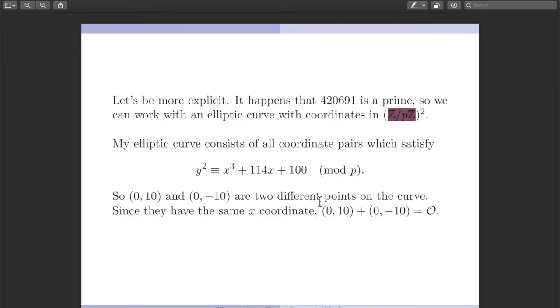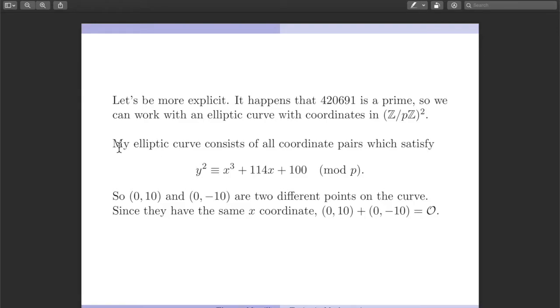We're still going to call this a curve because we're talking about solutions to a polynomial equation. We'll just use the word curve in a general sense, even though it'll just be discrete points.